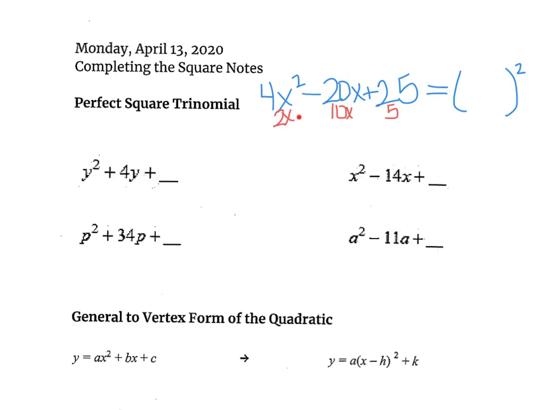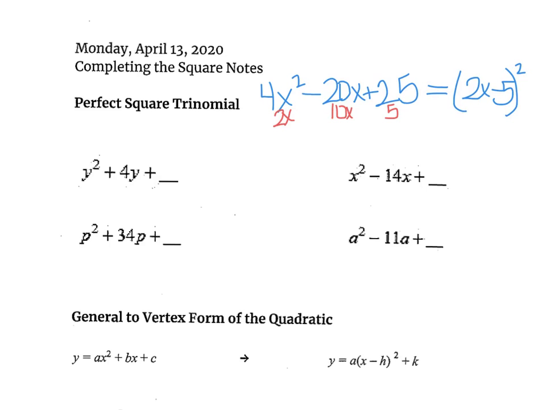So we take 2x and we write it first. We take 5 and we write it second. And the sign in the middle goes in the middle between them. Therefore, the factoring for this is 2x, oops, I've got to squeeze it, minus 5 squared on the outside.